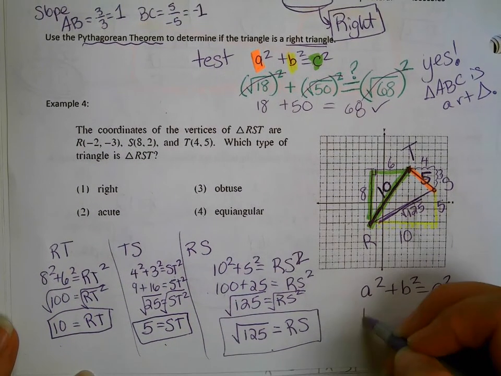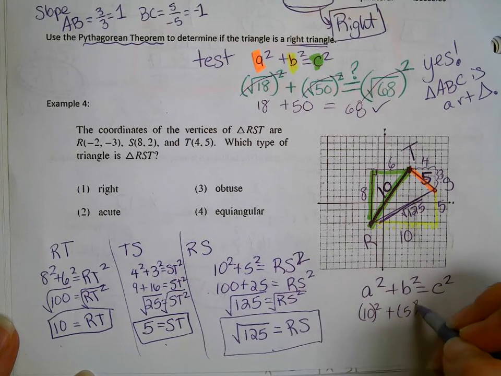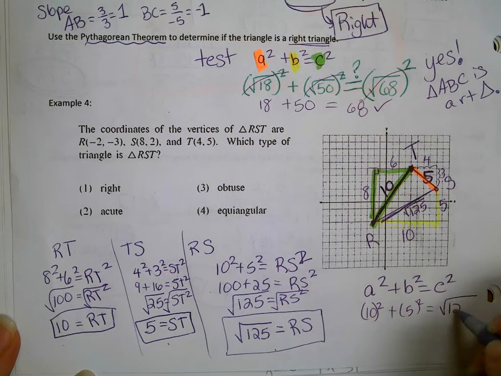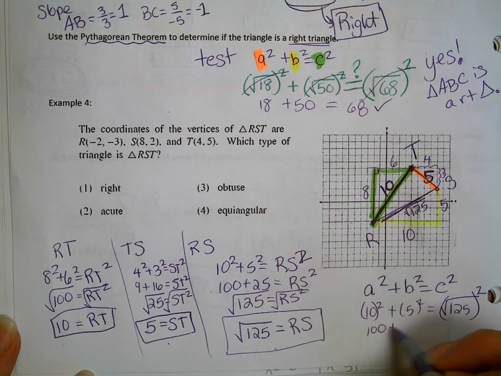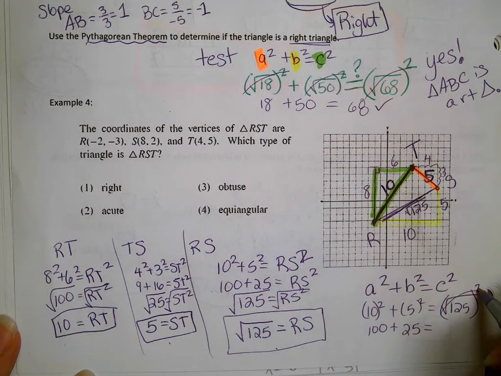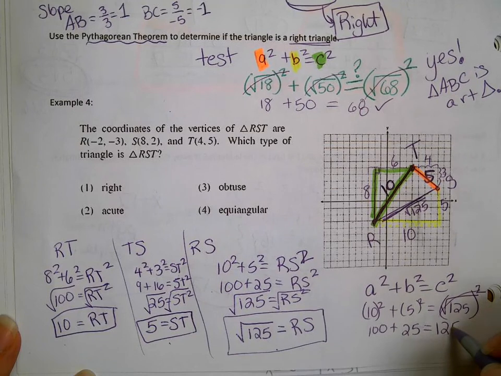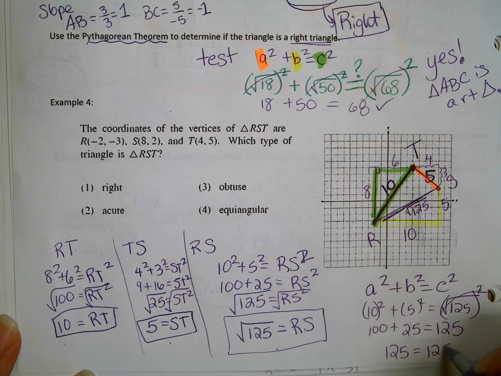So A is my 10 squared plus B is my 5 squared. Does that equal the square root of 125 all squared? Well, this is 100 plus 25. The square root of 125 squared cancels out, so you get 125 there. So yes, those are equal.